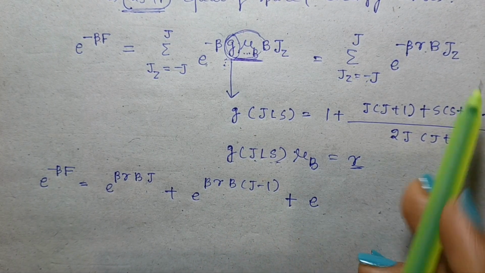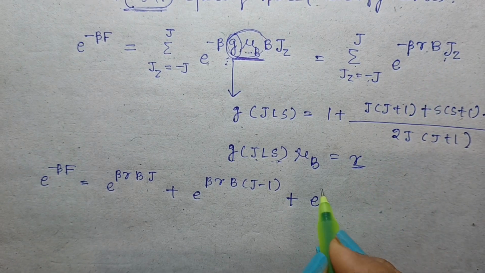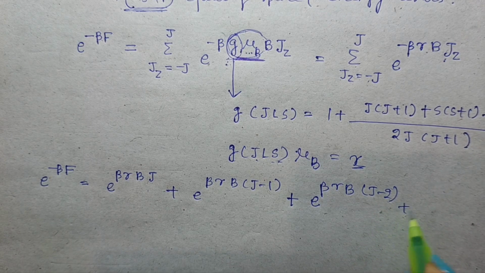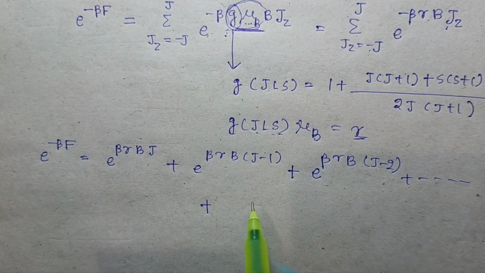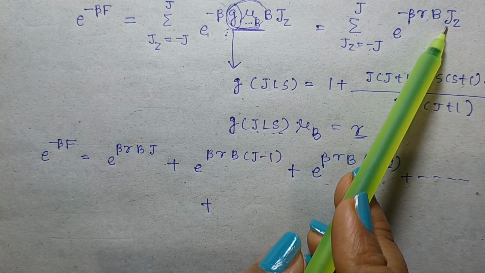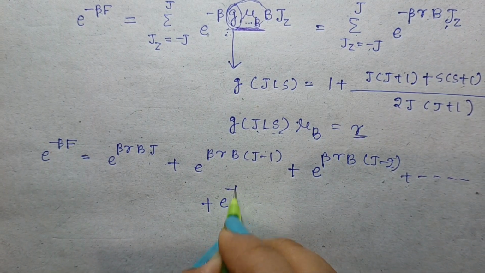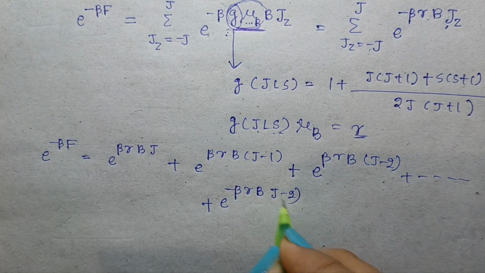Similarly for minus of J minus 2, it will be beta gamma B (J minus 2), up to, similarly, Jz equals J minus 2, e to the power minus beta gamma B (J minus 2).